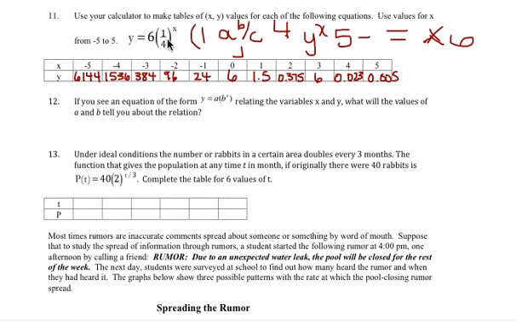Okay, so this is what you're going to take notes on here. All right, so if b is greater than 1, then it's going to be an exponential growth.